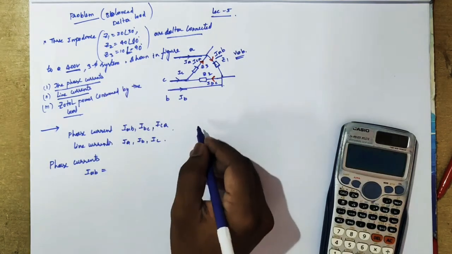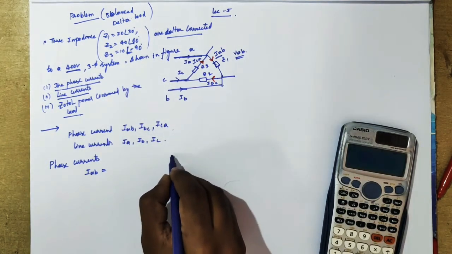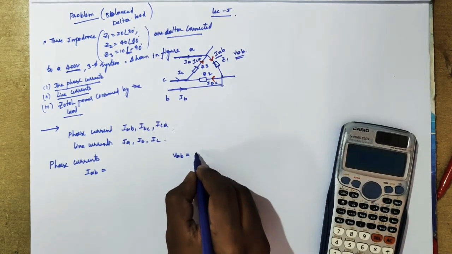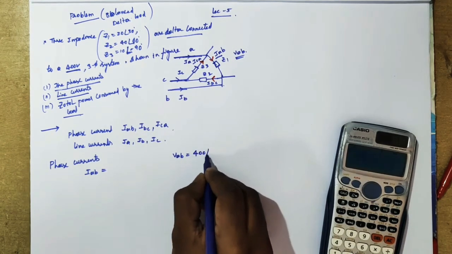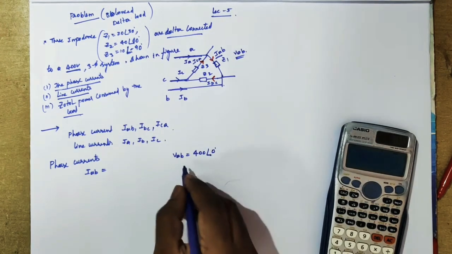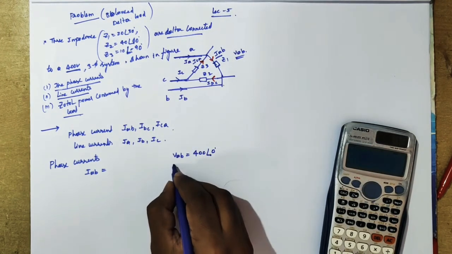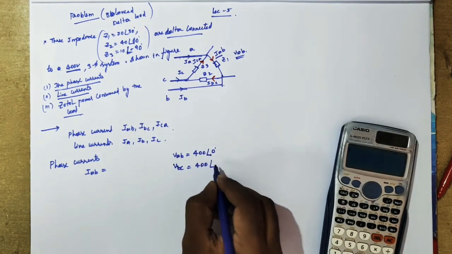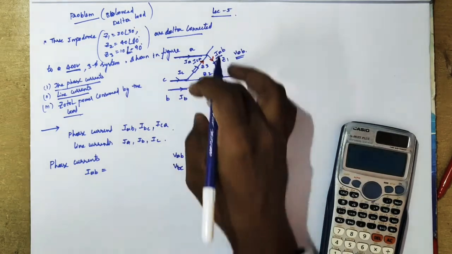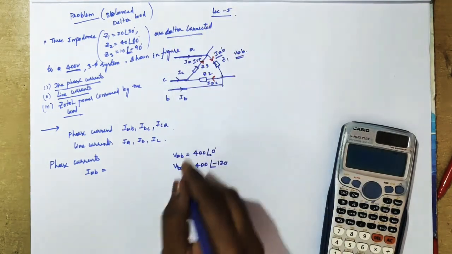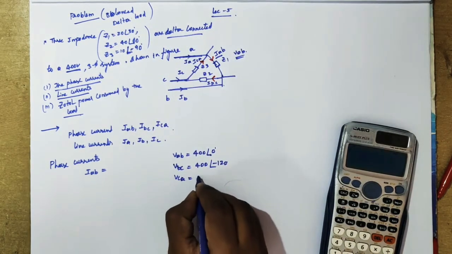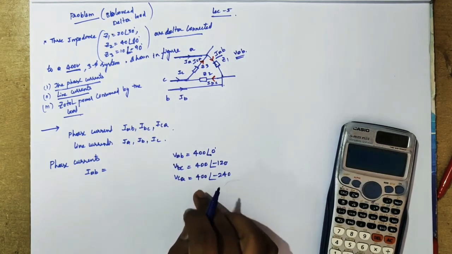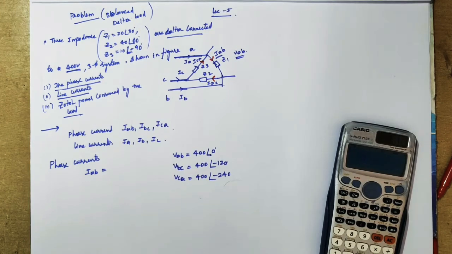I am taking VAB as the reference voltage, 400 at an angle of 0. VBC will be 400 at an angle of minus 120 degrees, and VCA I am taking as 400 at an angle of minus 240 degrees. These are line voltages with 120 degrees phase shift each.